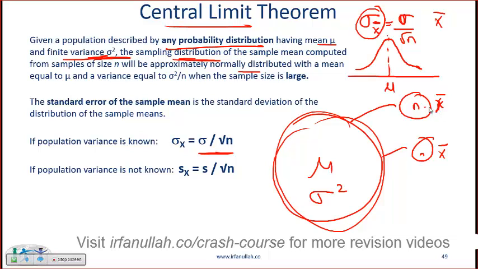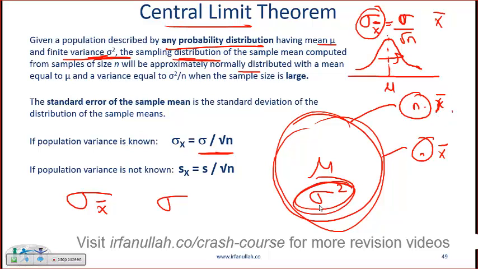So be clear about this. When we say sigma x bar, we are talking about the distribution of the sample means. When we just say sigma, then we are talking about the population. So the population has a certain variance and standard deviation, and the x bar has a certain standard deviation.